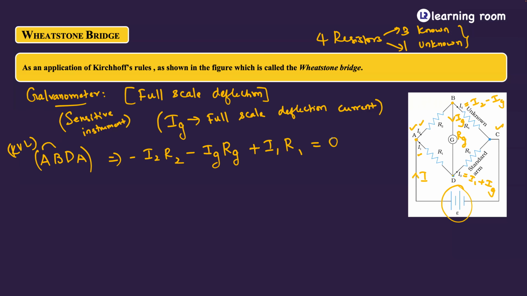right? So when I rearrange this equation, I will get I1 R1 is equal to I2 R2 plus IG into RG, and I'll take this equation as 1. Okay. This equation is considered to be 1. Okay.